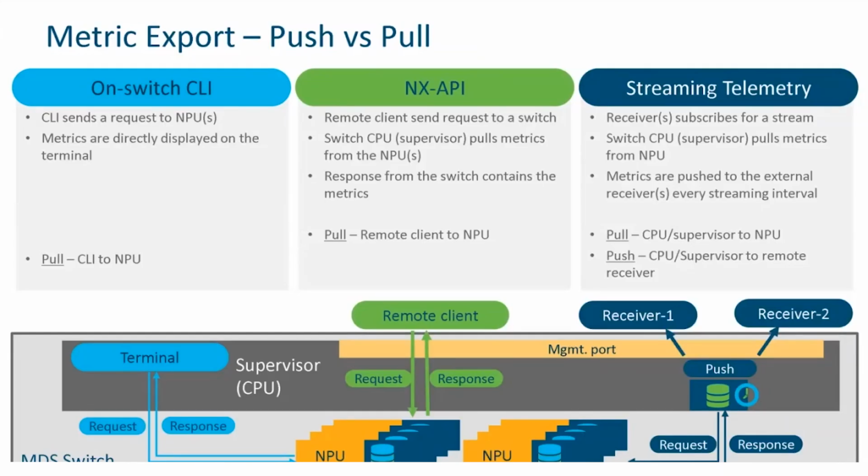And we can have up to 2 receivers that we support as of now. We can have more, but I'm just talking about the supported number. So the push is happening from the switch to the external receiver, but within the switch, between the supervisor and the NPU, it's always pull.